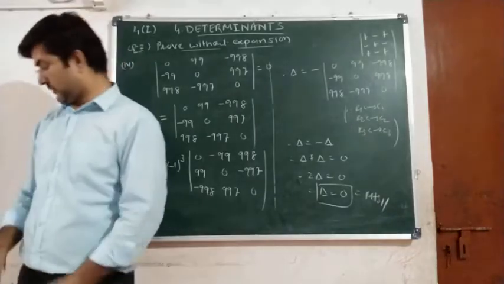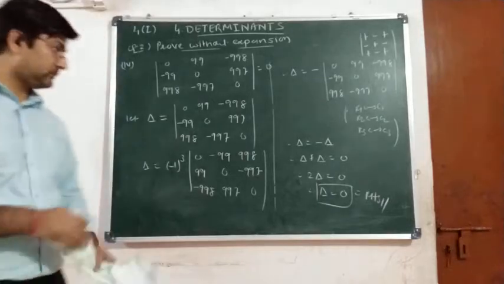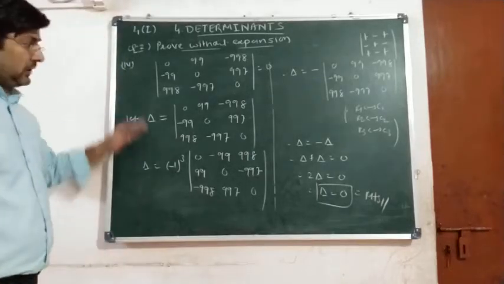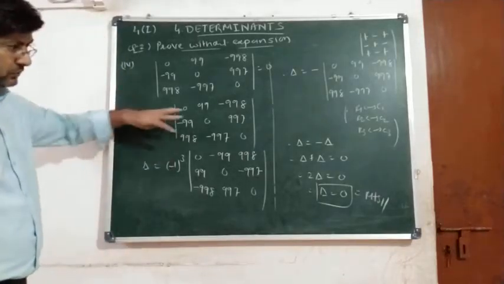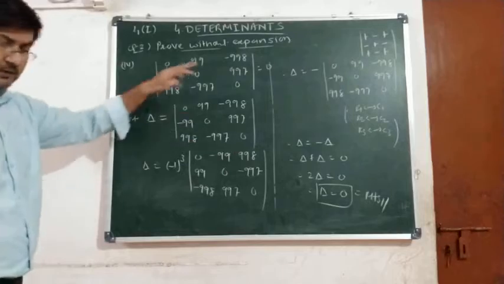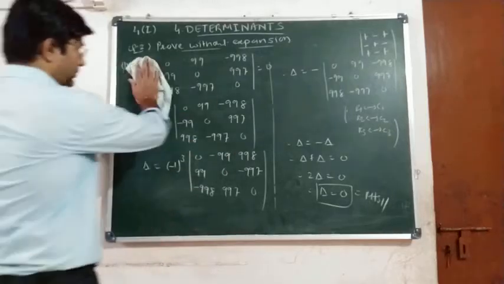So let us make a note. Okay. I hope you have understood this, how to show that the given determinant is 0. Now we will write down the note.